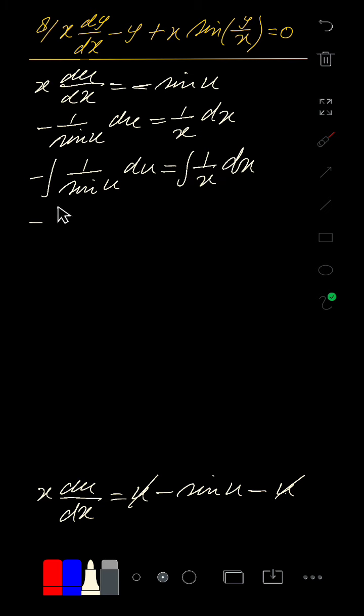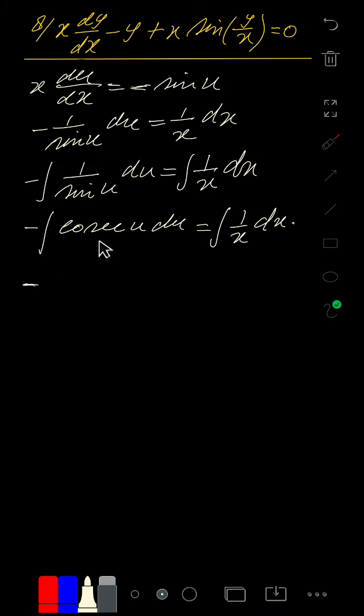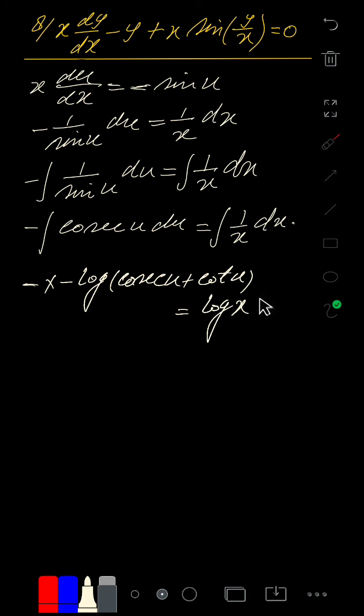That is minus integral cosec u du is equal to integral 1 over x dx. So integral of cosec u will be minus log cosec u plus cot u is equal to integral of 1 over x with respect to x, which is log x plus constant of integration, taken as log c.